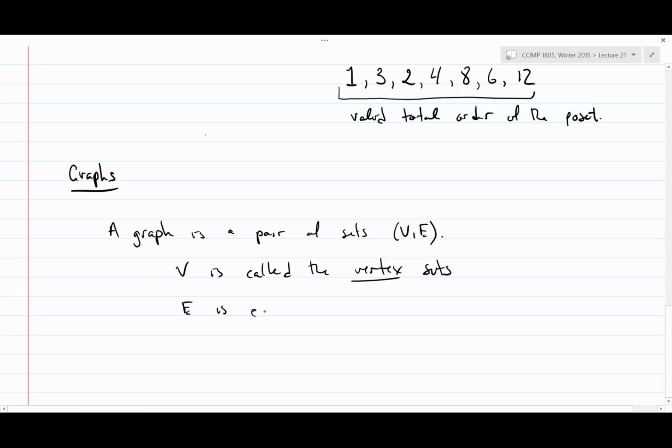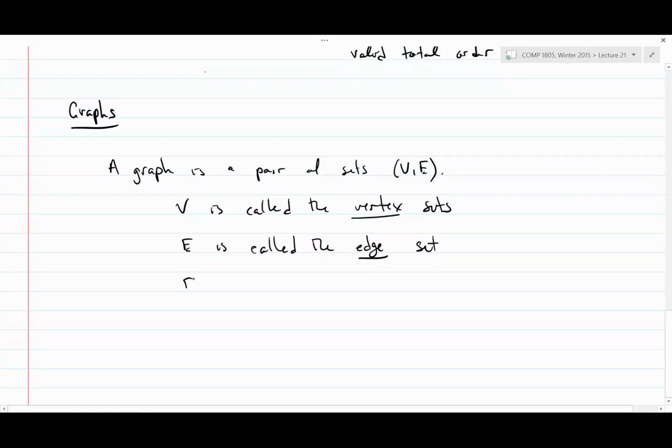E is called the edge set. Okay. Each edge in E describes how vertices in V are connected.